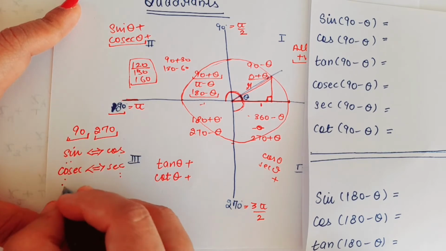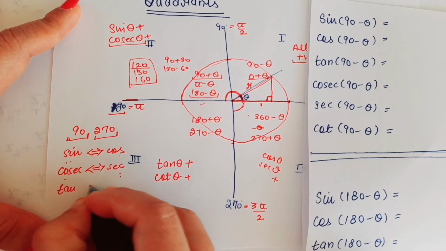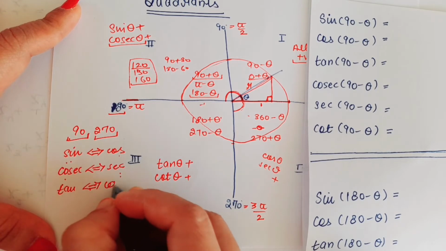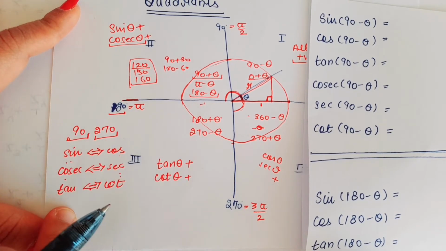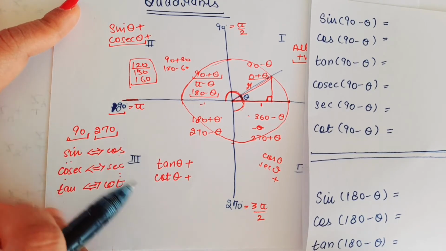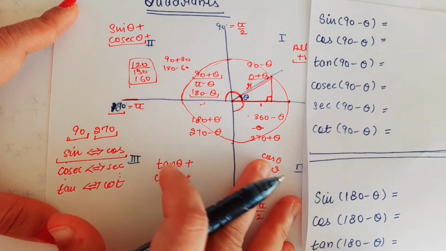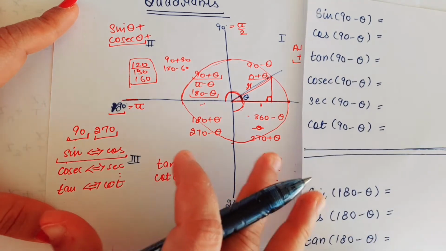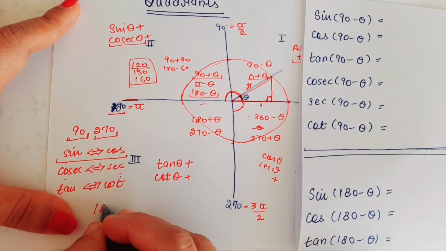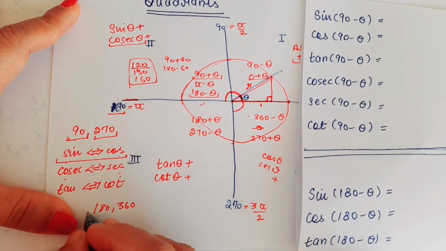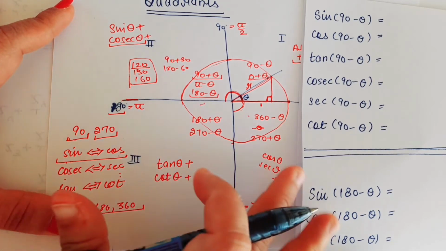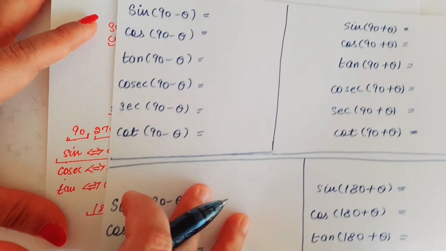And tan changes into cot and cot changes into tan. You just need to learn these things when you are talking about 90 and 270. But when you are talking about 180 and 360, you don't need to change the ratios. Sine will be sine, cos will be cos.